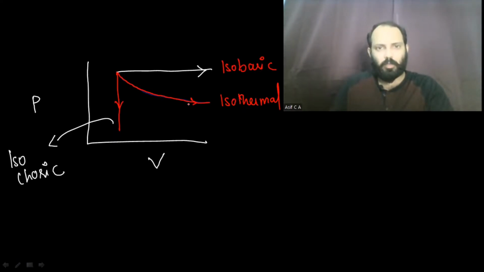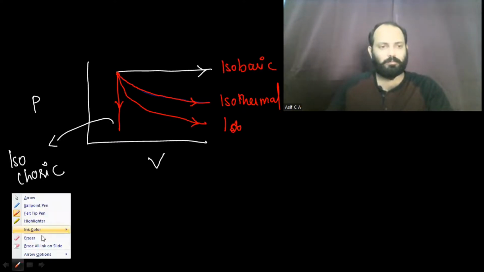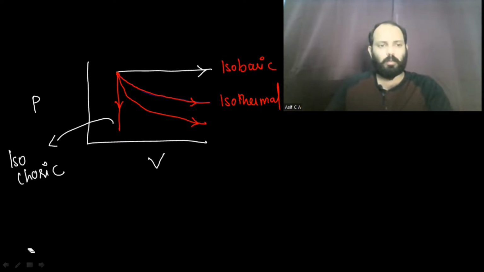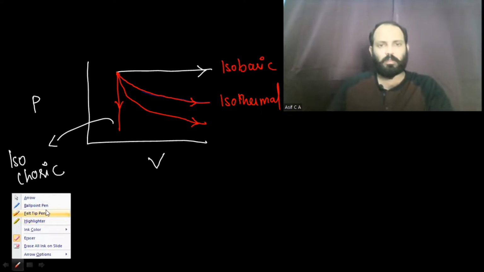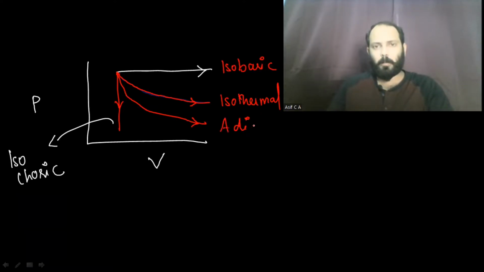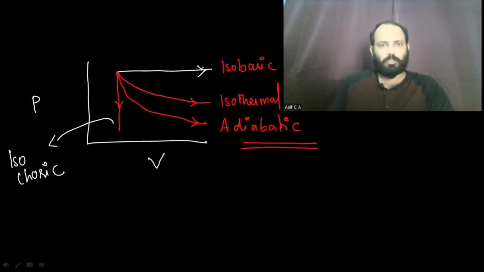Adiabatic is another line, coming like this. This is adiabatic. So just remember all this: the isobaric graph, isothermal, adiabatic, then the isochoric graph.